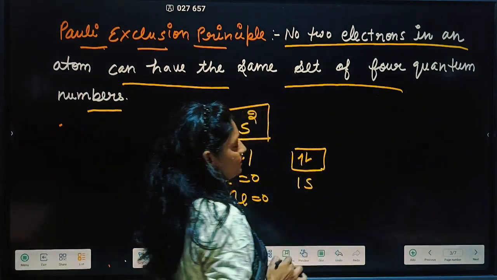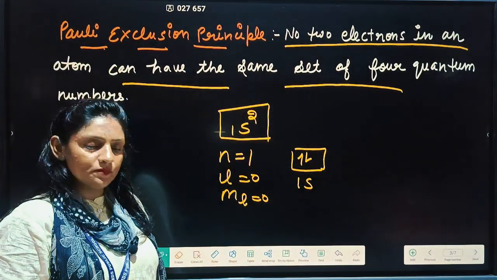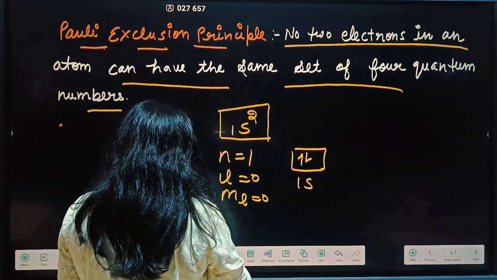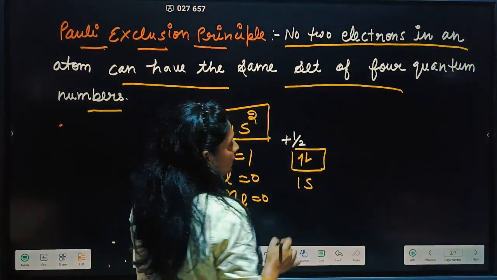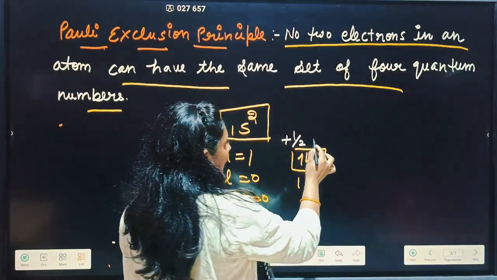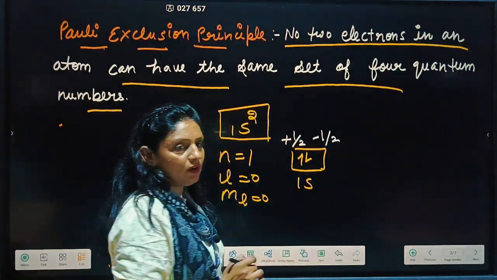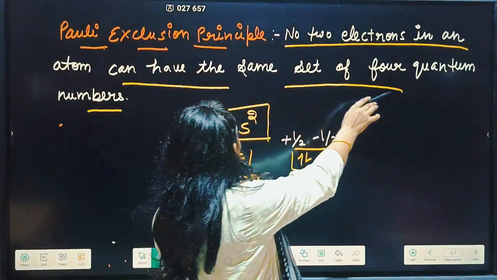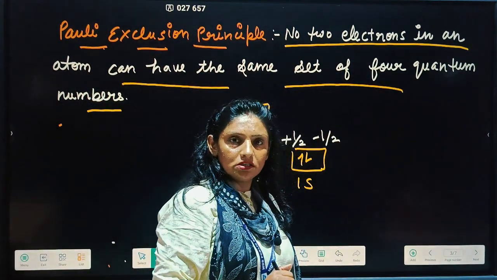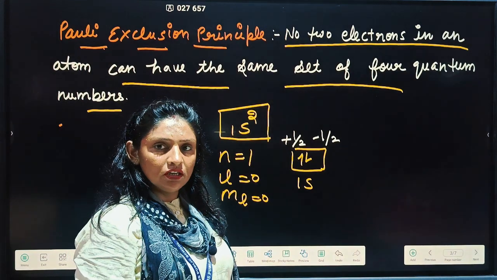One will be in upper spin and one in lower spin. So one electron has ms value plus half and one has minus half. So no two electrons can have the same set of 4 quantum numbers. It is clear or not? Yes.